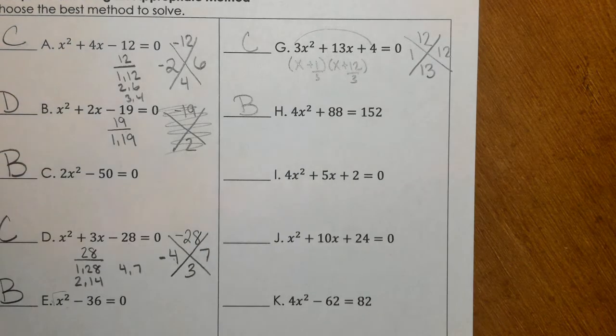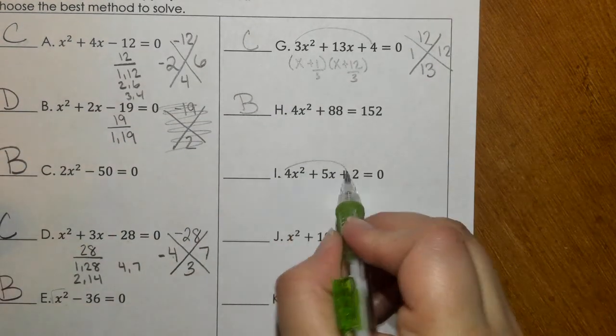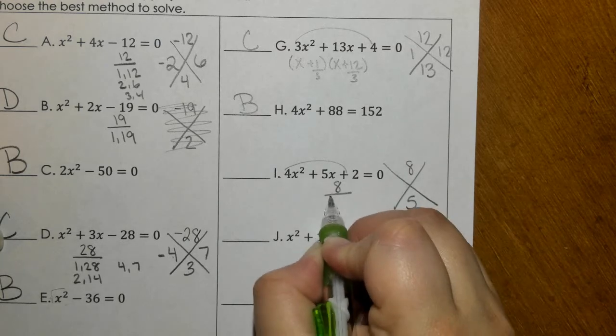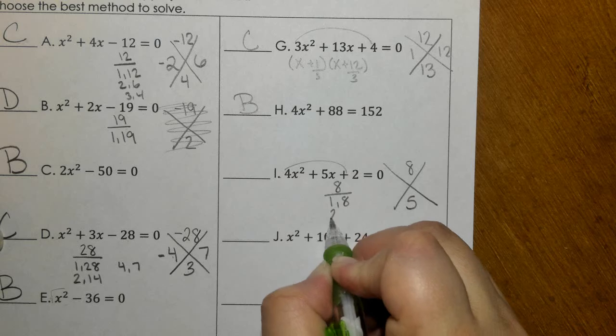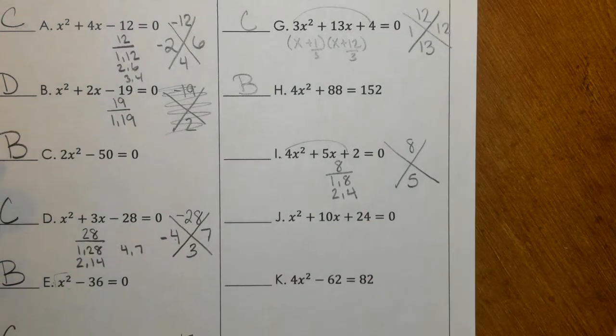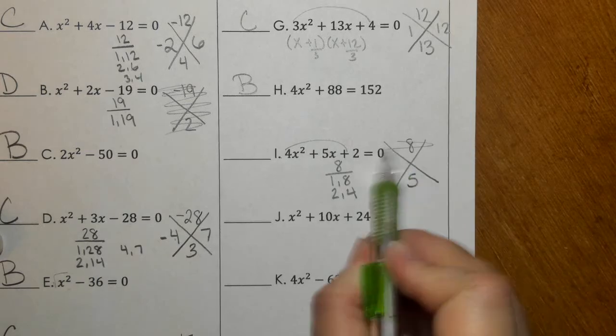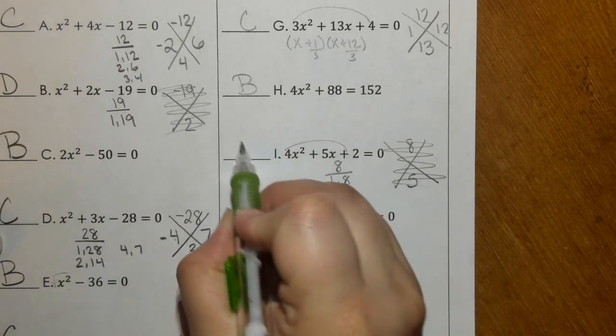Okay. Letter I, 4 times 2 is 8. Trying to get to 5. Okay, so none of these are going to get to 5. So this we can't do, so that's quadratic formula.